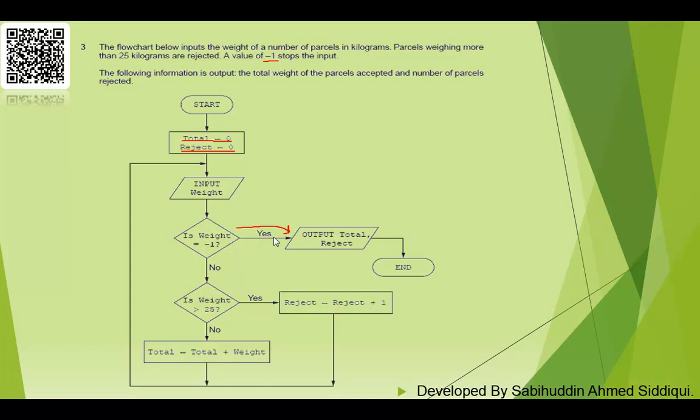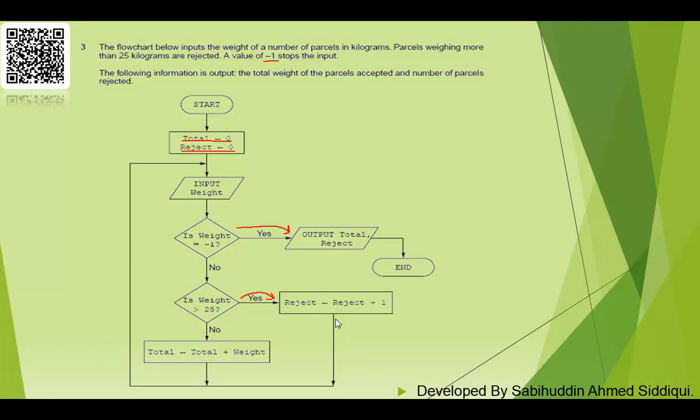If it is not true here, if it is not yes, then it continues with the no option, and then again it tests whether the weight is greater than 25 kilograms. If this condition is satisfied, yes, then reject equals reject plus 1.